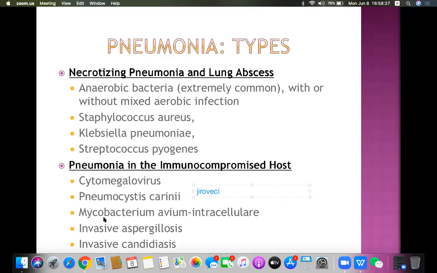Now, another organism can be Mycobacterium avium intracellulare, which is considered an atypical mycobacteria. This is a fungus, which is aspergillosis, and candidiasis is also a type of fungi. These fungal infections are not common in a person who has good immunity. They are very common if immunity is poor.